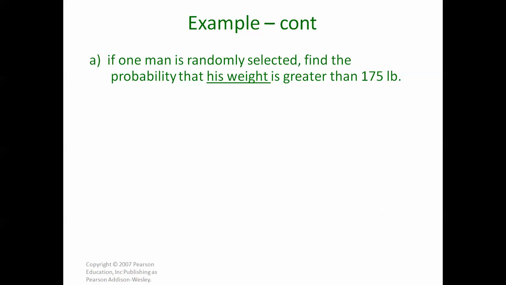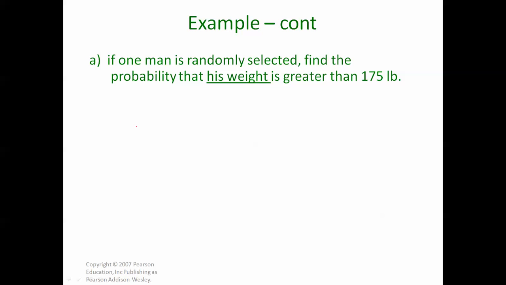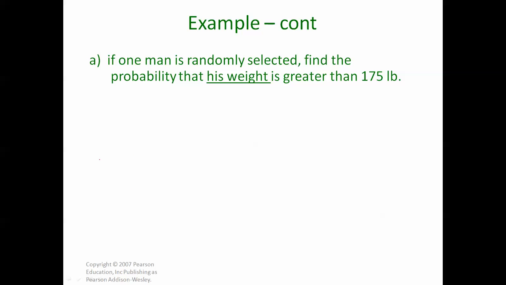So let's calculate that. If we've got one man and we want to find the probability that his weight is greater than 175 pounds, let's see what that probability is going to be.